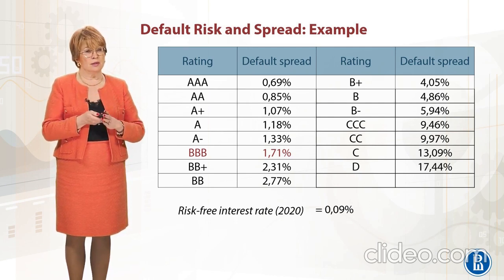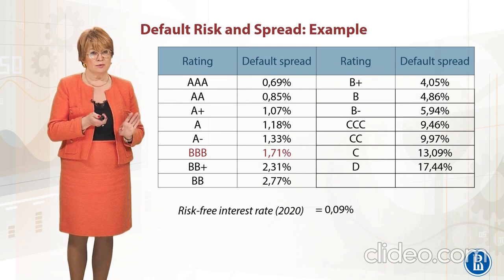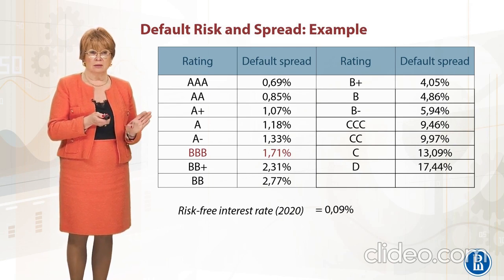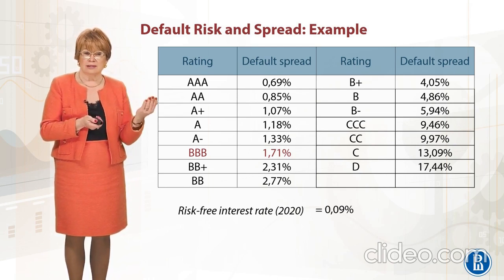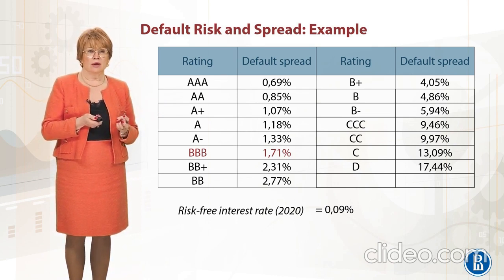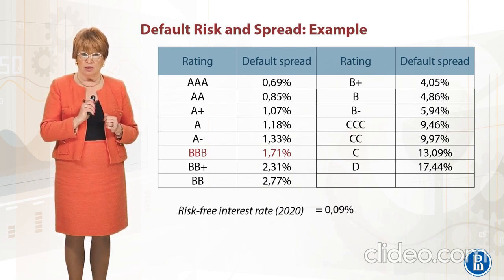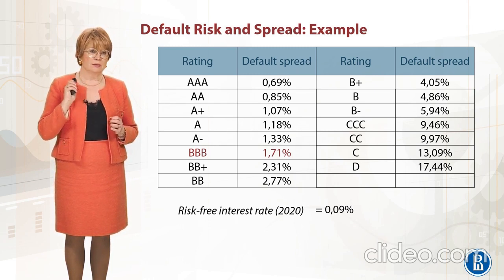So if you apply that risk-free rate for the risk-free asset, and let's say after your analysis you think that your target company, which doesn't have its own credit rating, which doesn't have its own corporate bonds outstanding, it has only a bank loan, is likely to have A minus, then you have the observed default spread, which from that table you may see is 1.33%.